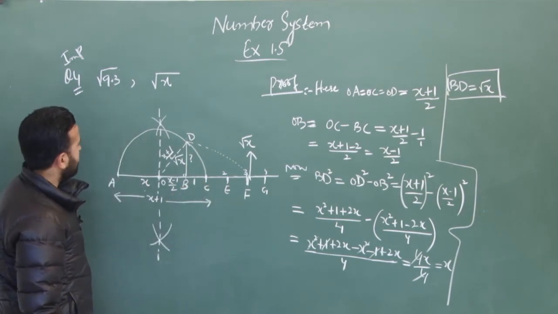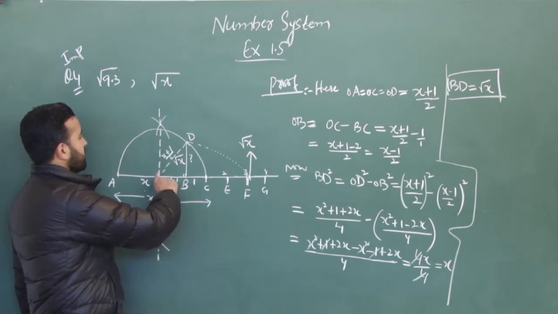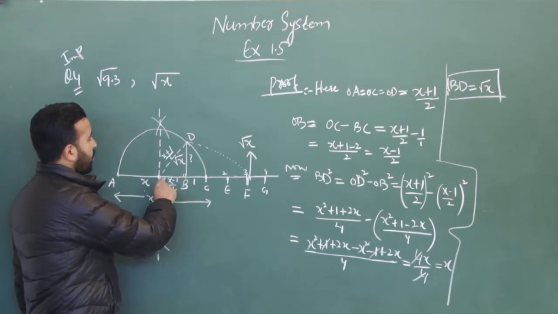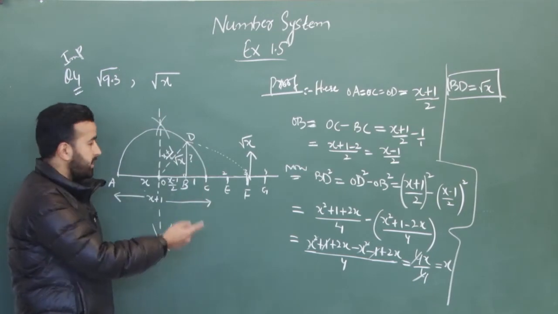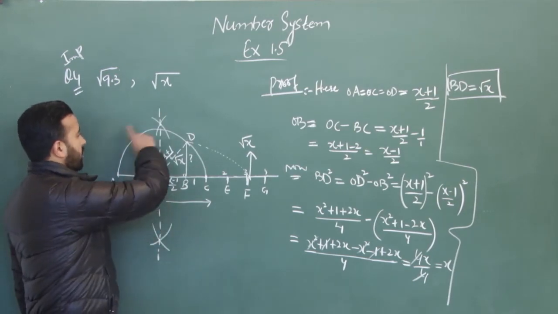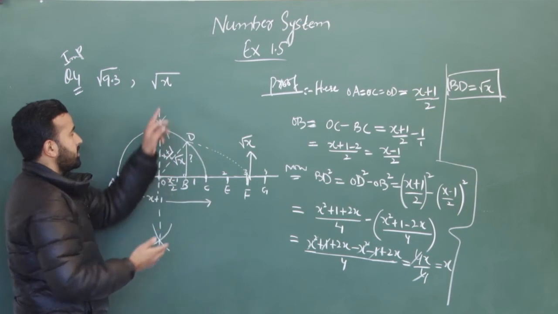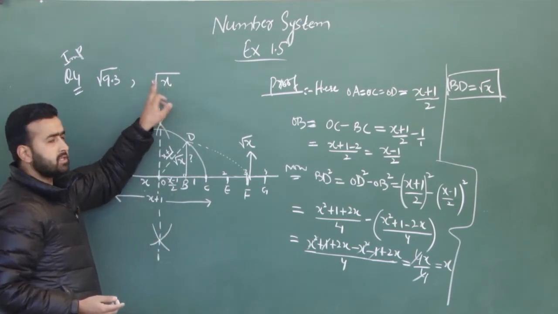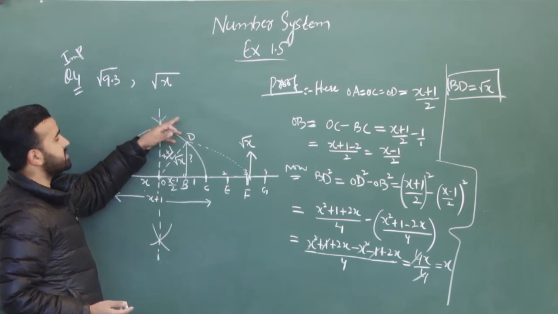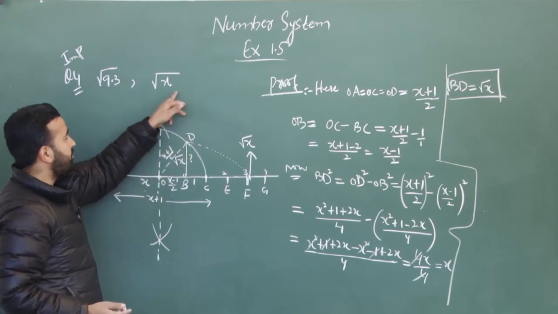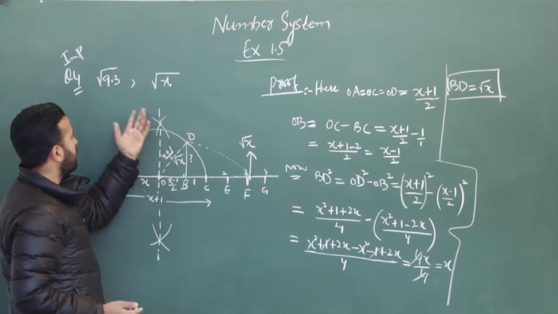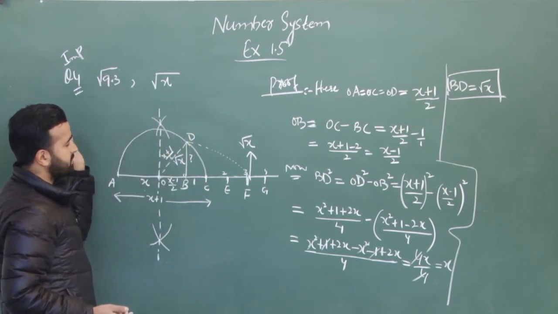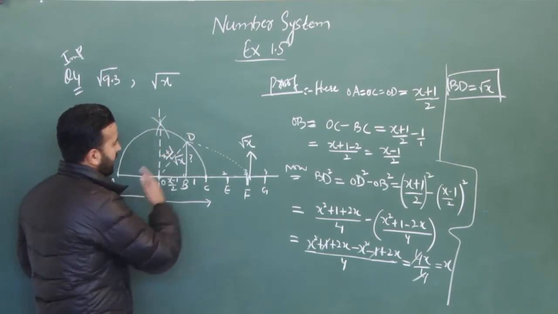Then we have to find the perpendicular bisector, that is, O will be taken as the perpendicular bisector of AC. Then draw the semicircle, like in our case, in case of root x. Root x is simply a general article to represent this on the number line, and with the help of this, as we discussed, all the other numerical examples can be solved, and the procedure will be like this.